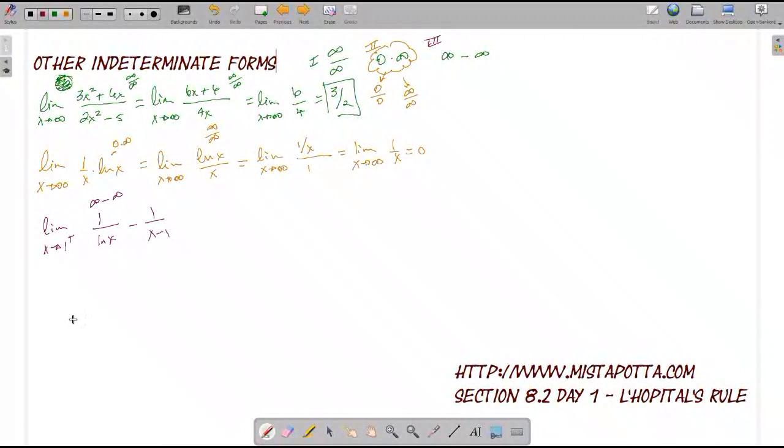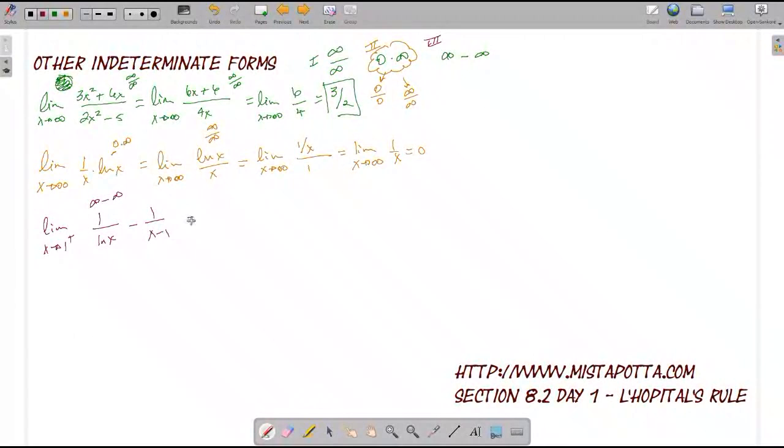And as I usually do with a difference of two fractions, I want to try and make it into one fraction. I want to look for that common denominator.